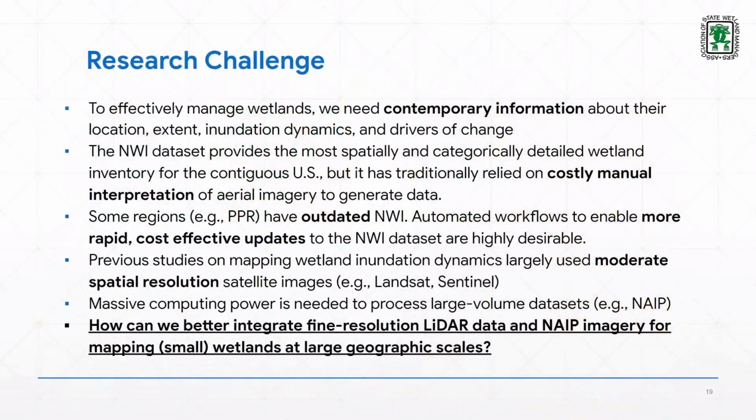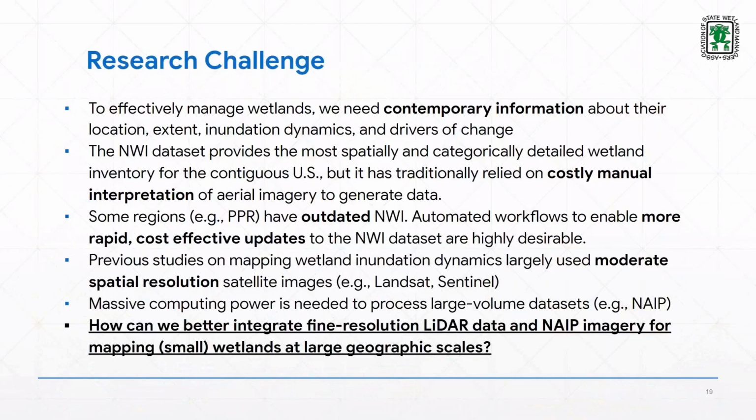Based on some of the existing data products and some of the work I have done, I've always wanted to scale up and apply it to a large area. The NWI provides the most comprehensive data, but it's not up to date, and especially for the PPR, most of the data sets were based on 1980s imagery.